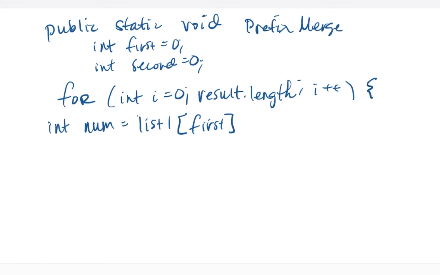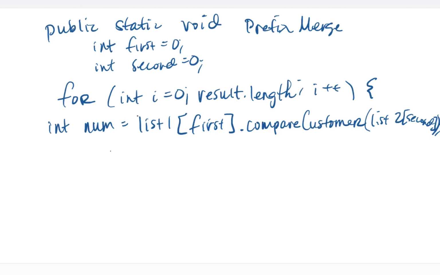So list1 first dot, and it's not going to be compareTo, I'm going to use compare customer, the method that I previously wrote. And the other customer in this case is going to come from list 2, also the first element in that list.